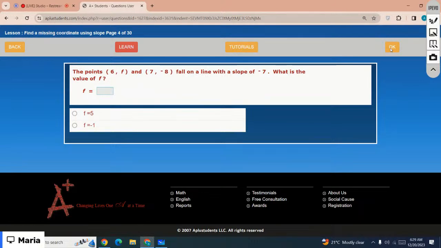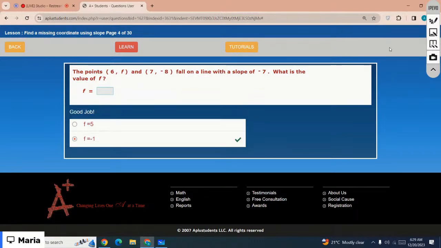The correct option is negative 1, right? The correct option is negative 1. Option number 2 is the correct option, right?